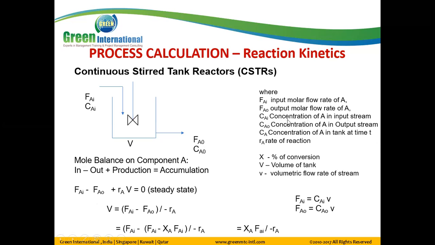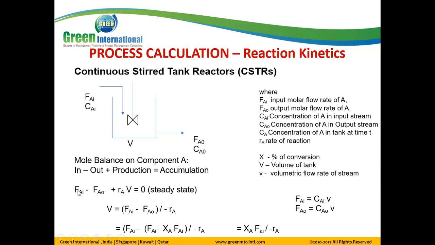CA0 is the initial concentration of A, and CA is the concentration of A at a particular time. X is the percentage of conversion, capital V is your volume of tank, and small v is your volumetric flow rate. Molar flow rate is nothing but concentration multiplied by the volumetric flow rate, so the concentration of A multiplied by the volumetric flow rate gives your input molar flow rate.